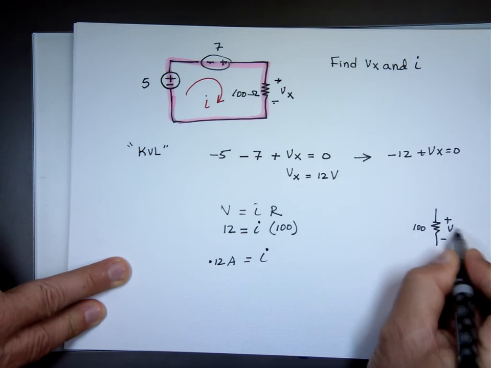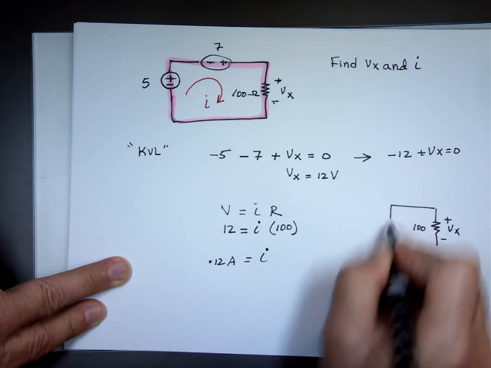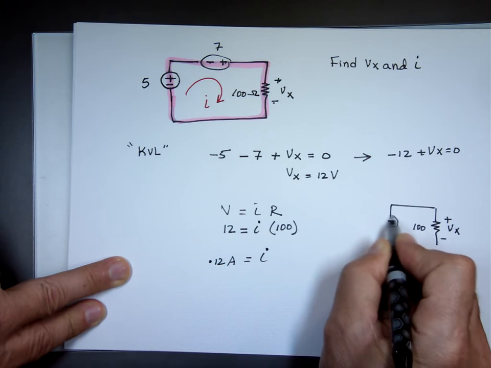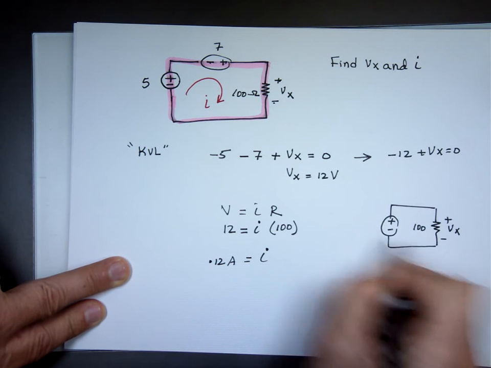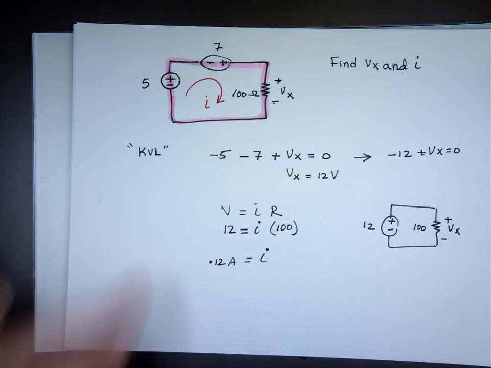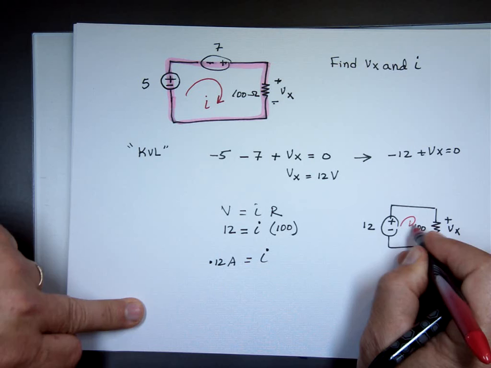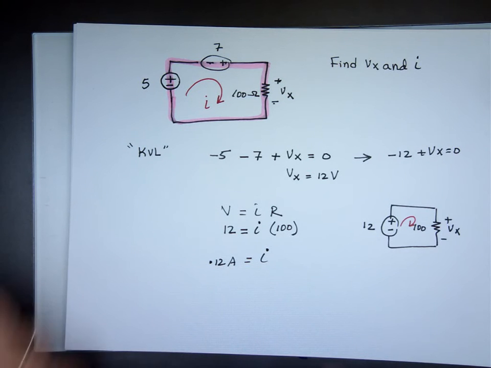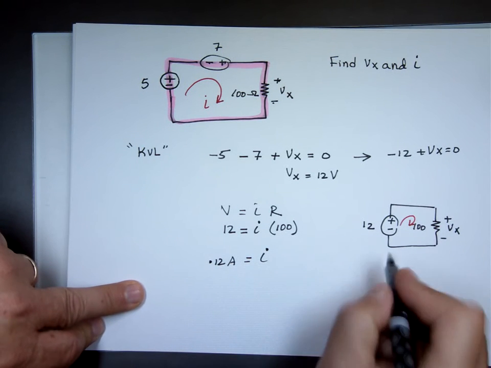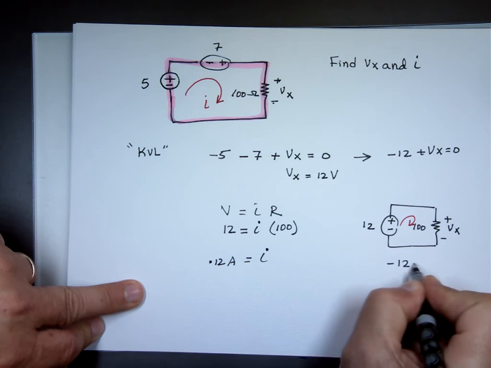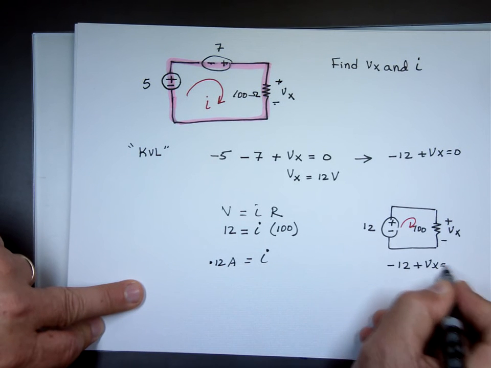Instead of having two sources now, can I just put one source of the value of 12 here? Because if I do KVL here, I'm going this way. That's what? Negative 12 plus Vx equals to 0. Isn't that the same equation like that?